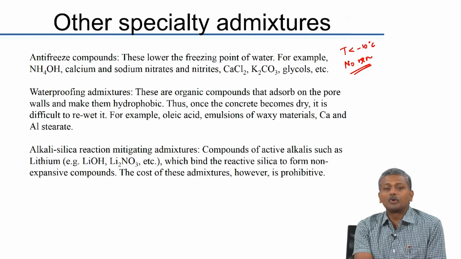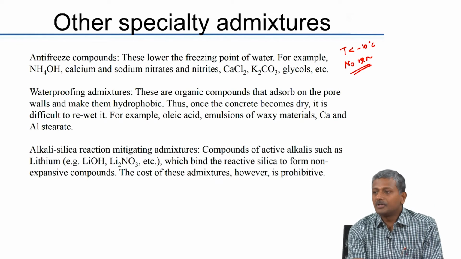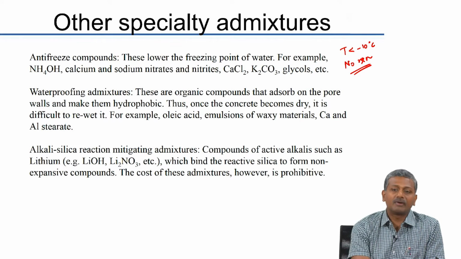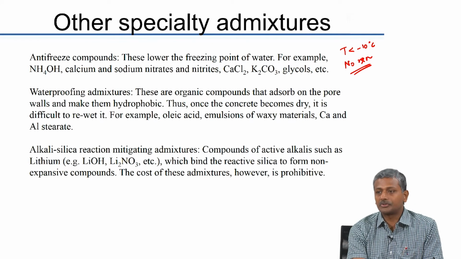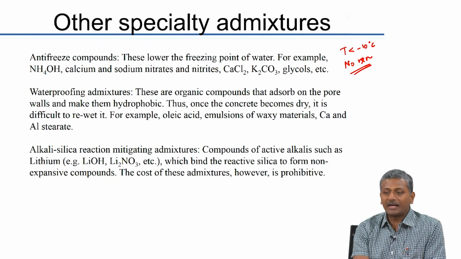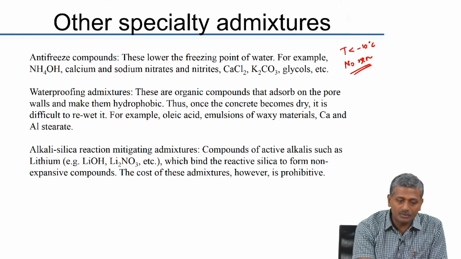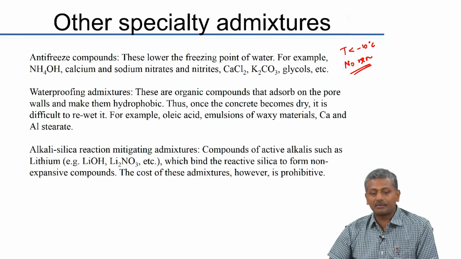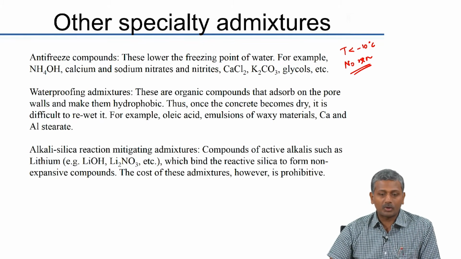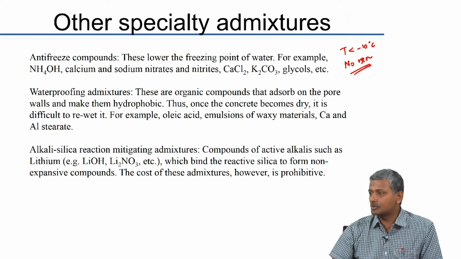When temperature goes below minus 10 degrees Celsius, cement and water will not react to give you the kind of hydration products that we typically get at higher temperatures. So, what do you do? You add chemicals which are essentially ammonium hydroxide, calcium and sodium nitrates and nitrites, calcium chloride, potassium carbonate, glycol and so on.